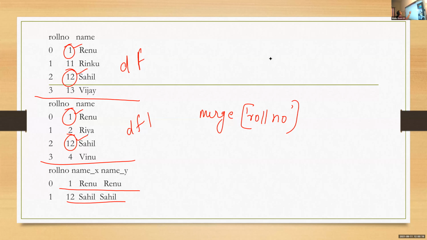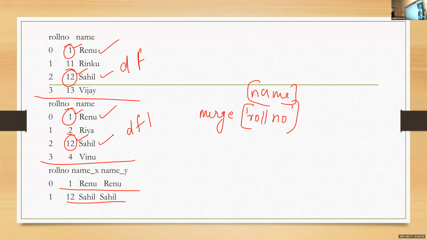If I give name as the parameter, then it will check the name in data frame 1 and data frame 2. So here the first name Renu is the same, here also Renu is there. Ringu is not here. Sahil is there. This is also different. So it will display Renu and Sahil if I use name as the parameter.